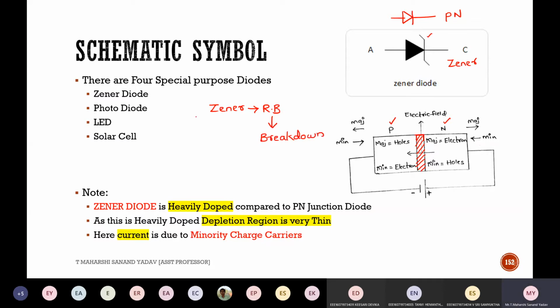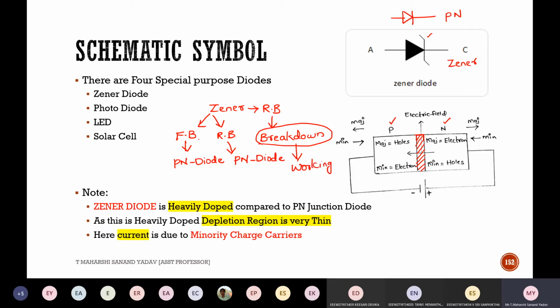Suppose, for example, if I'm trying to operate this Zener diode under forward bias, then what will happen? The working of this is similar to the PN diode itself. And suppose I operate it under reverse bias, the working is the same as a PN diode only till VZ, that is, till the breakdown voltage. If it exceeds that voltage, then it starts working.